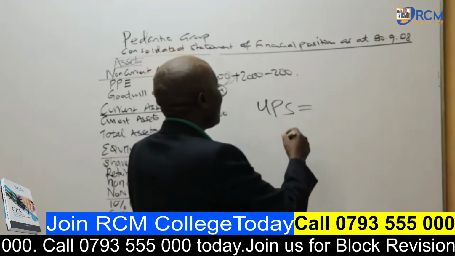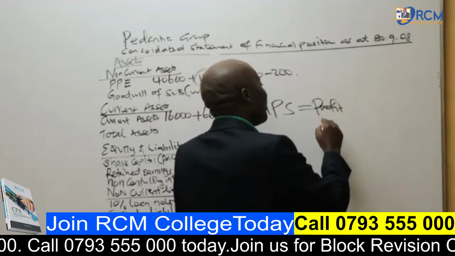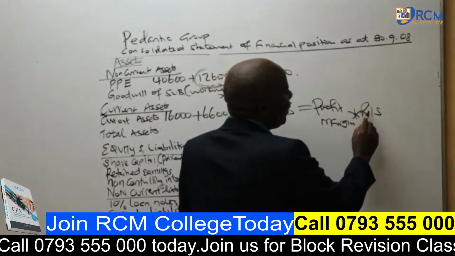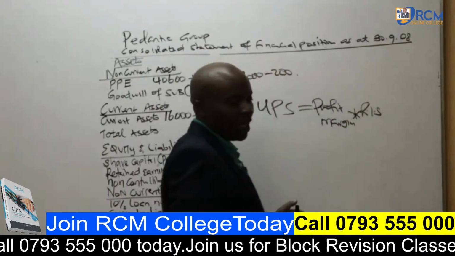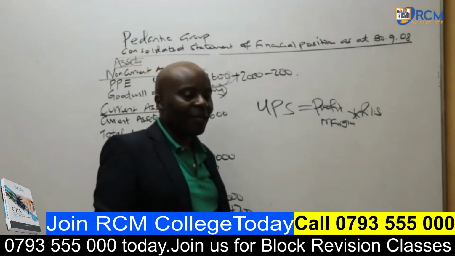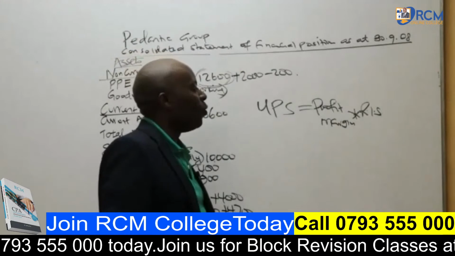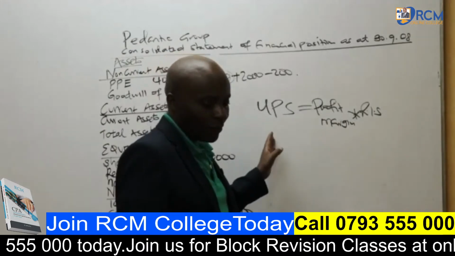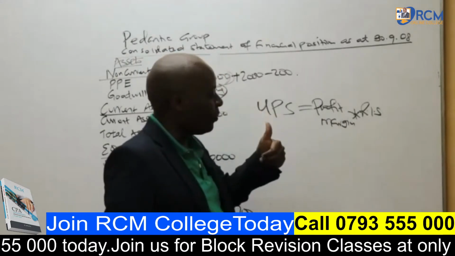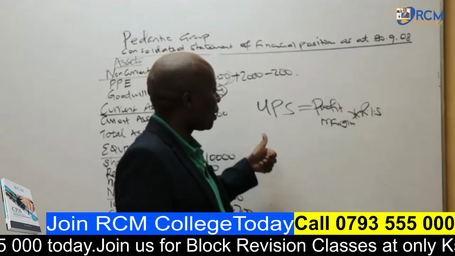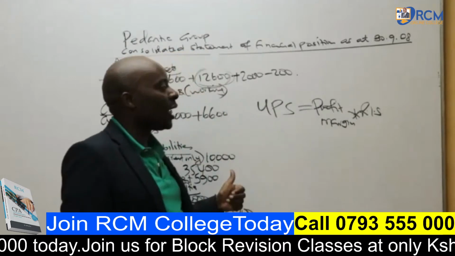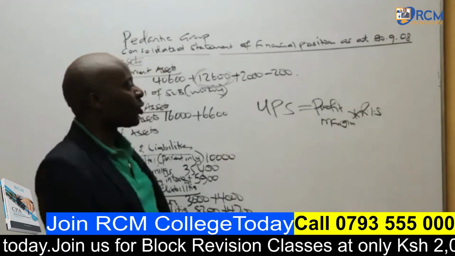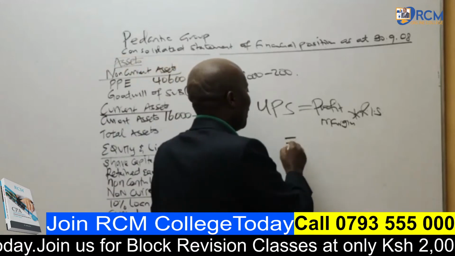Nimrod has finished, he has said this is profit margin times, in this case here, REES, where REES is the remaining intra-sales. Please write that in full. UPS is the unrealized profit on stock. Unrealized profit on stock is profit margin times remaining intra-sales. So you guys have told me that the profit margin is 40 over 140.